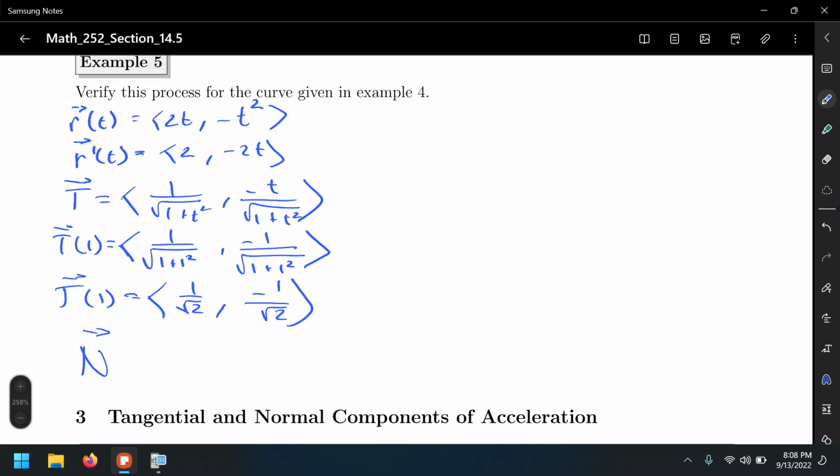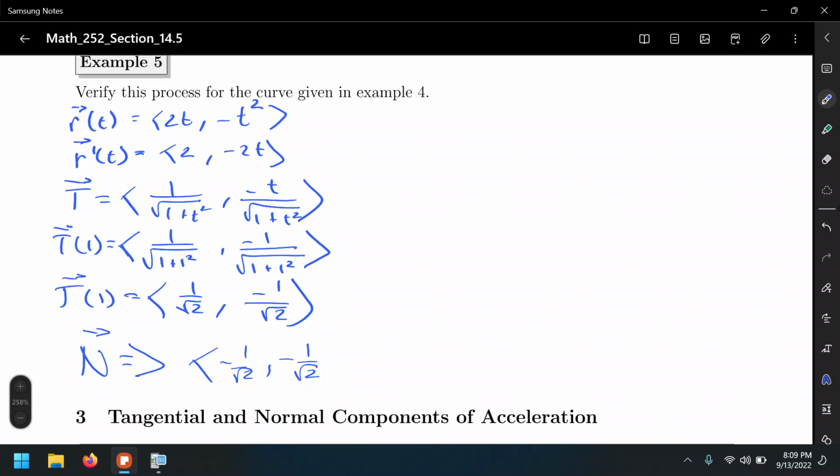again, without going through the painful process, there's two possibilities. Number one, negative 1 over root of 2, comma, negative 1 over root of 2. That is interchanging the components and changing the sign.